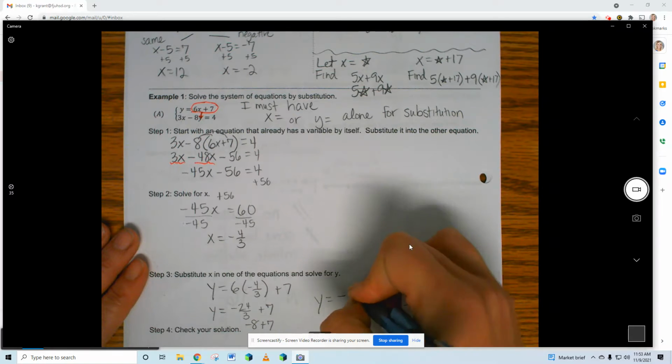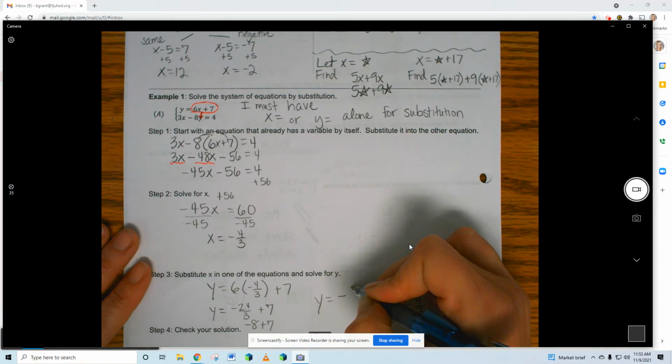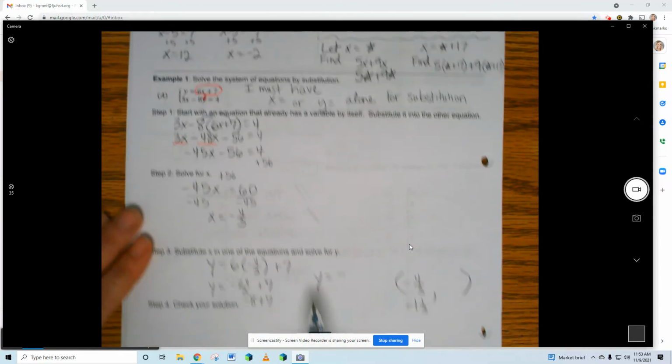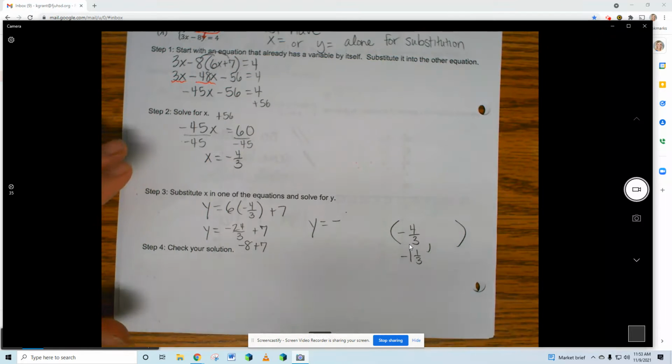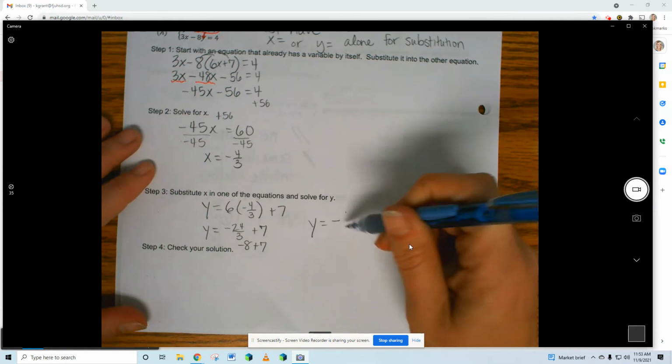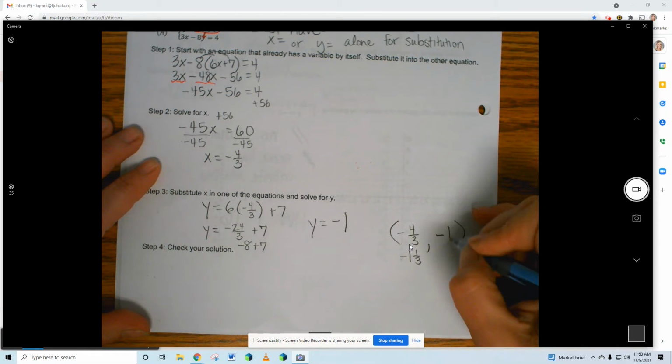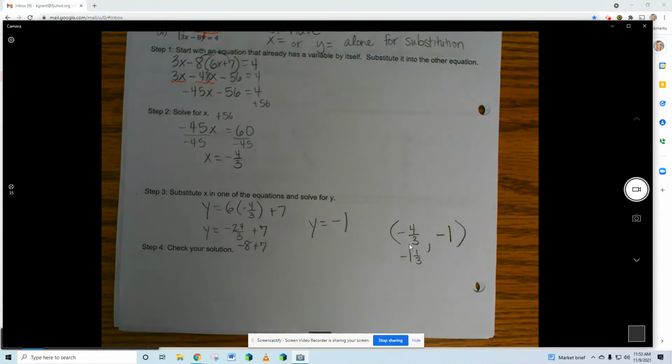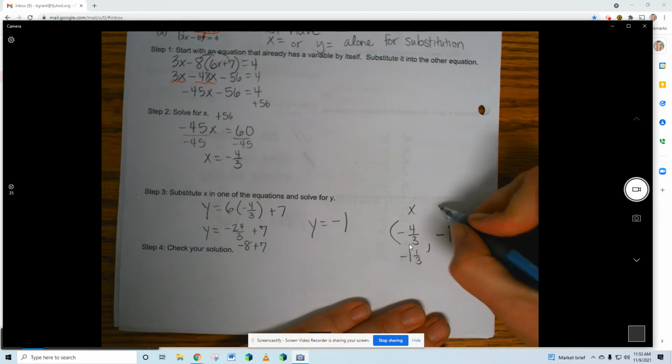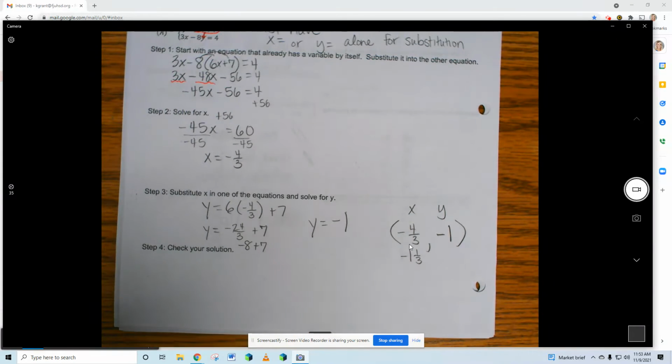Negative 8 plus 7 is negative 1. So that's my Y value. X is negative 4/3 or negative 1 1/3. Y is negative 1.